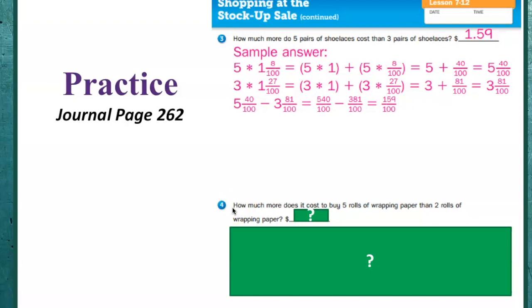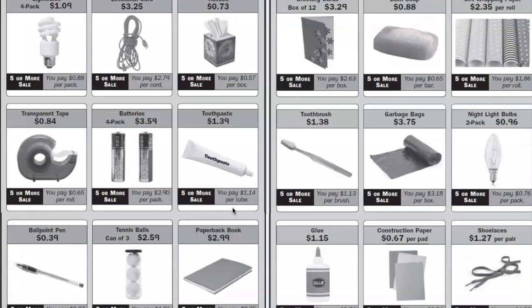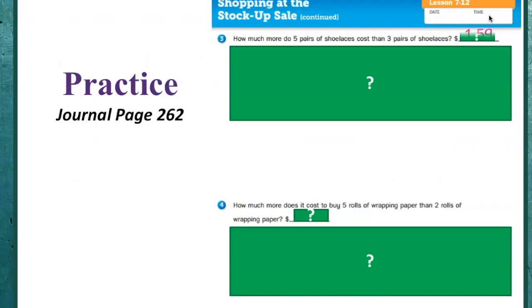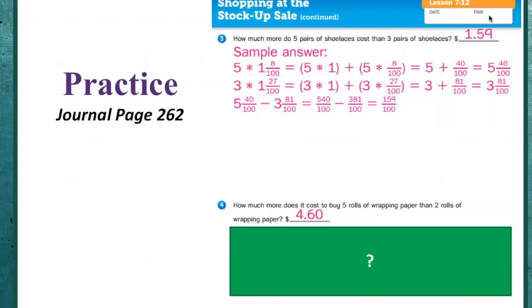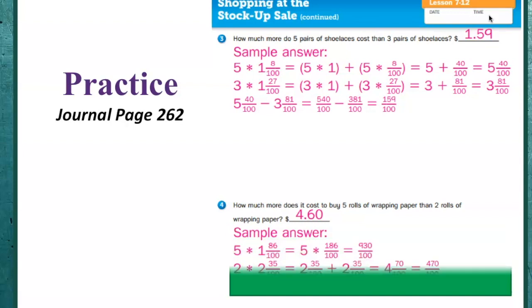Number 4. How much more, again subtraction, does it cost to buy 5 rolls of wrapping paper than 2 rolls of wrapping paper? So going back, looking at wrapping paper, it costs $1.86 per roll if you buy 5 or more, and $2.35 if you buy 1, 2, 3, or 4 rolls. So that means that we need to multiply 5 rolls times the discounted price and 2 rolls times the regular price.